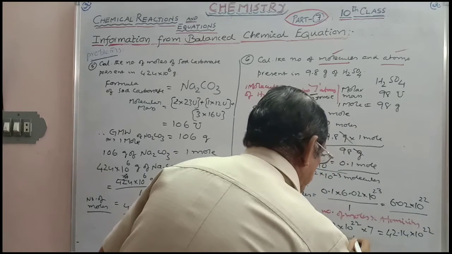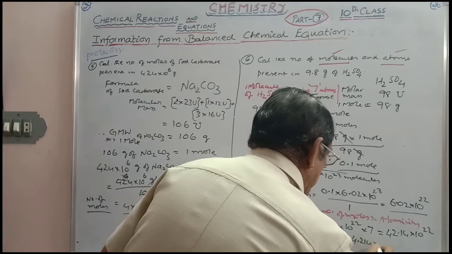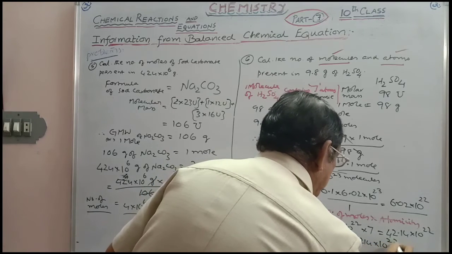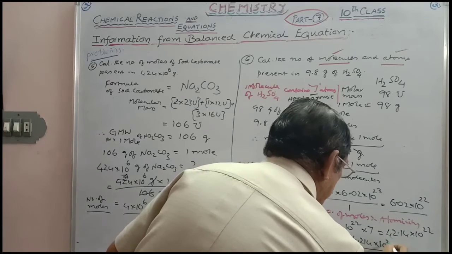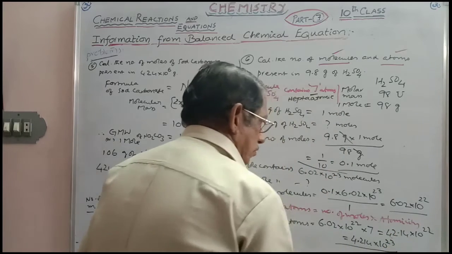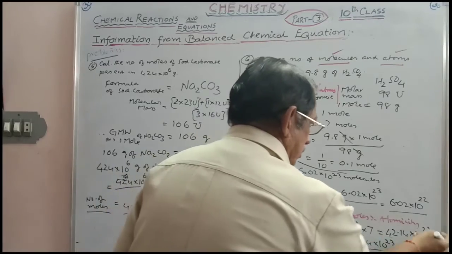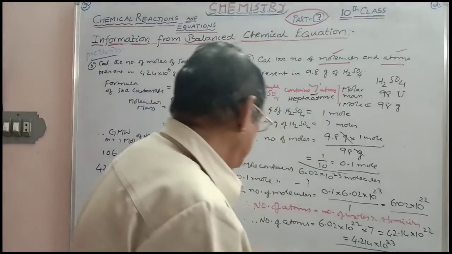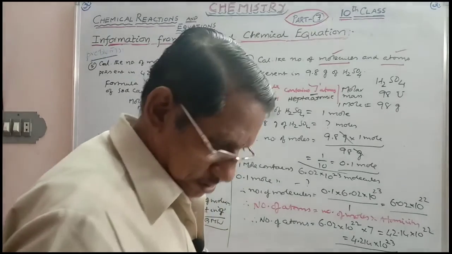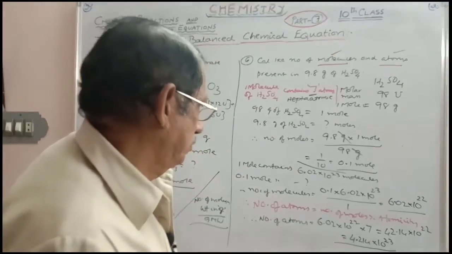So this is equal to 4.214 into 10 to the power 23. Okay? Because 4.2 means into 10. Into 10 means 10 to the power 23. So in this way, you can get the number of atoms present in this one also. Please note.